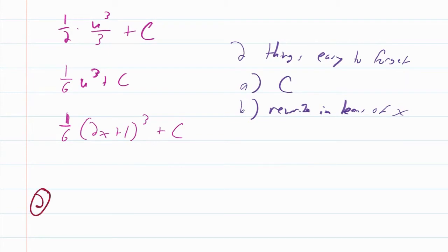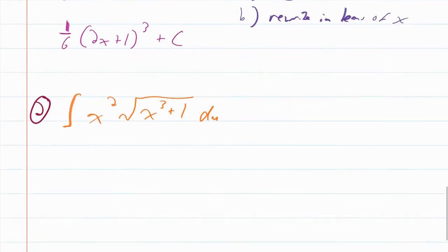Okay, number 2. This is a classic case of where u substitution is used to do this integral. Because what you see is the integrand, which means the thing you're taking the integral of, is composed of a product. And one of those things that you're multiplying by happens to be the derivative of the thing inside the radical, what we call the radicand.